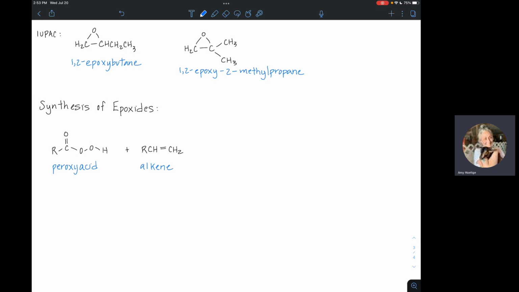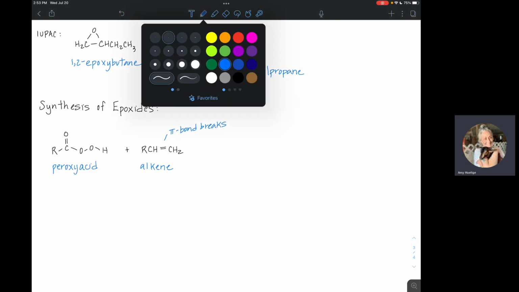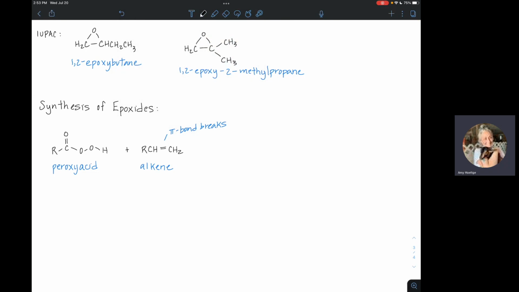And we have a peroxy acid, and here it's going to be the pi bond, because it's weaker, that's involved. So the pi bond will break and the epoxide is formed.